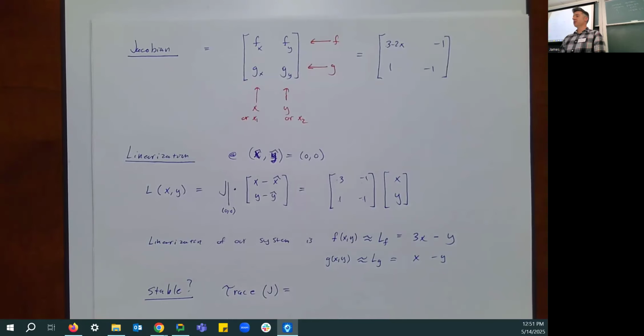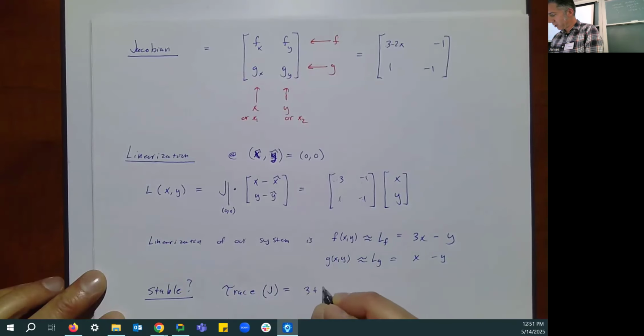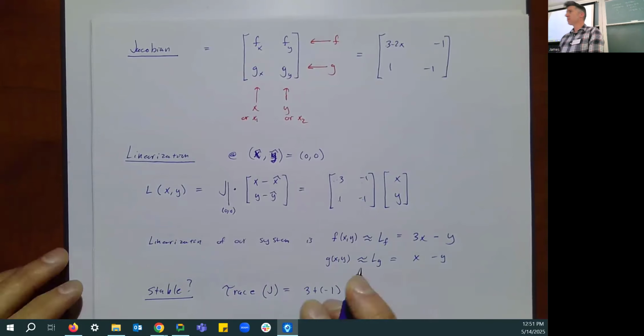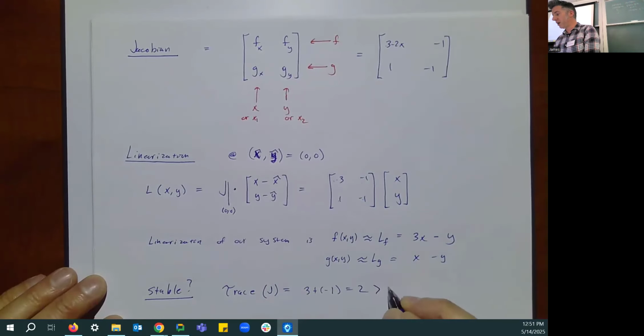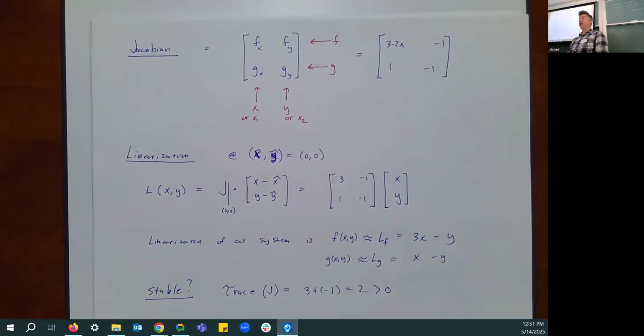Mostly right answers. It's 3 plus -1, which is 2. And we're done. 2 is positive. We don't want a positive trace. That means it's unstable. We don't even have to check the determinant. So the trace is positive, unstable.